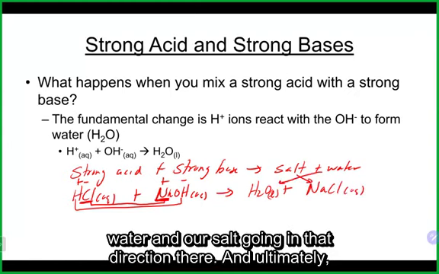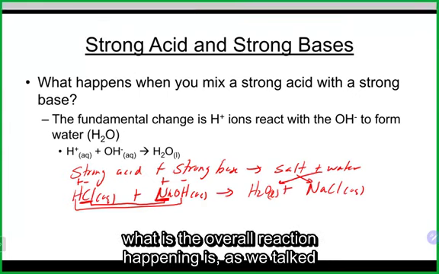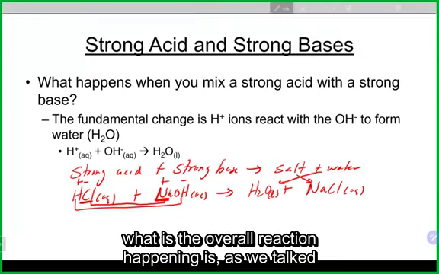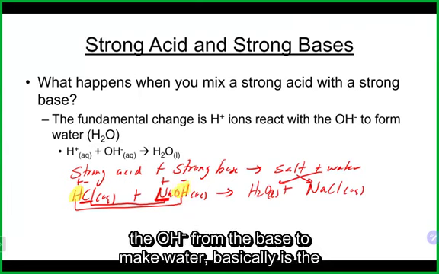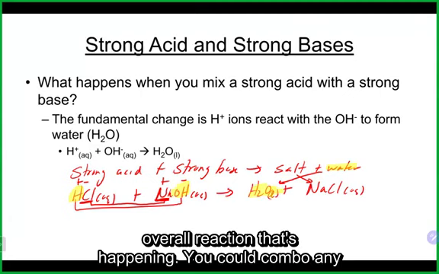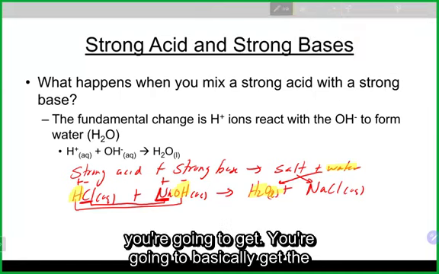And ultimately, the overall reaction happening is really that H plus from the acid going and finding the OH minus from the base to make water. You could combo any strong acid or strong base together, and that is what you're going to get.